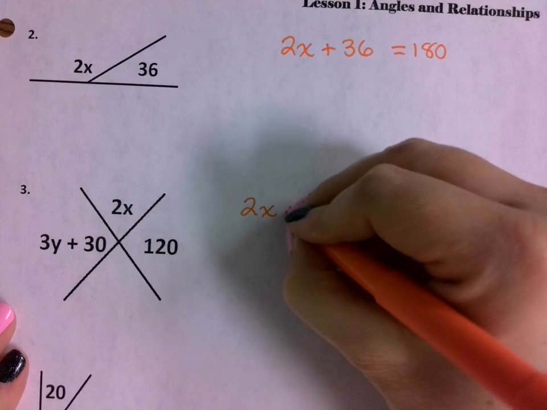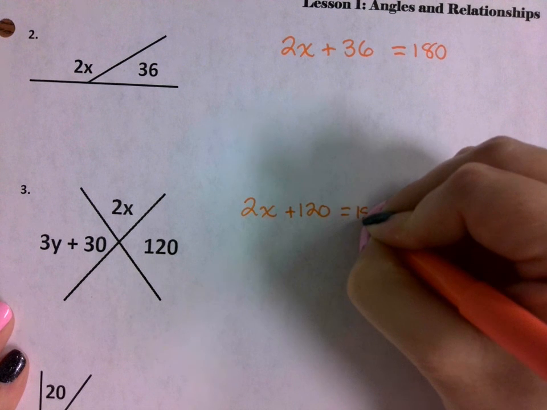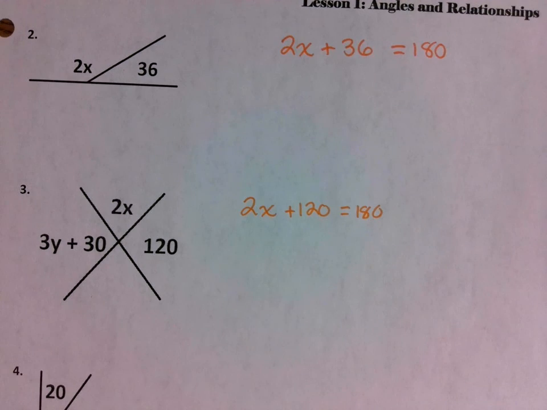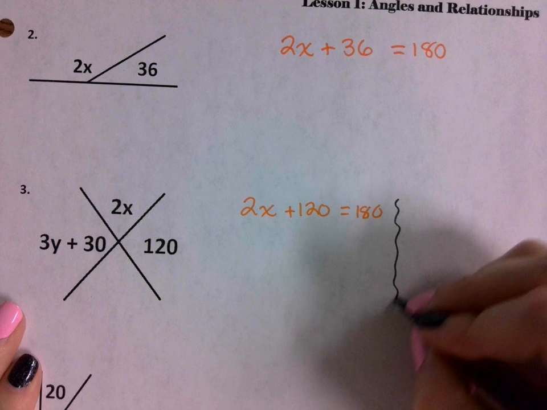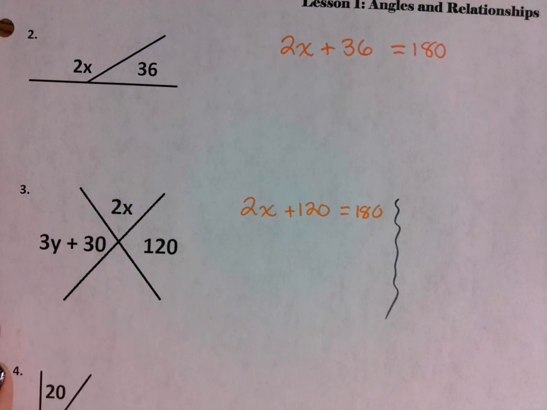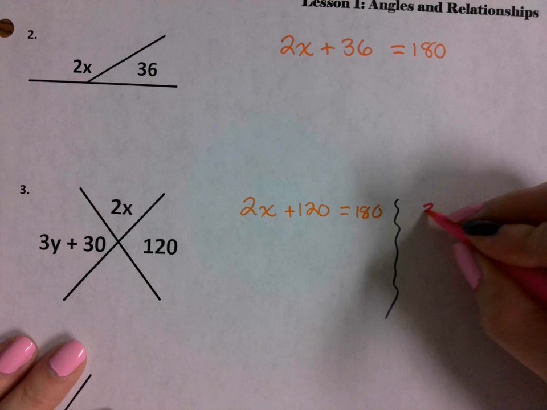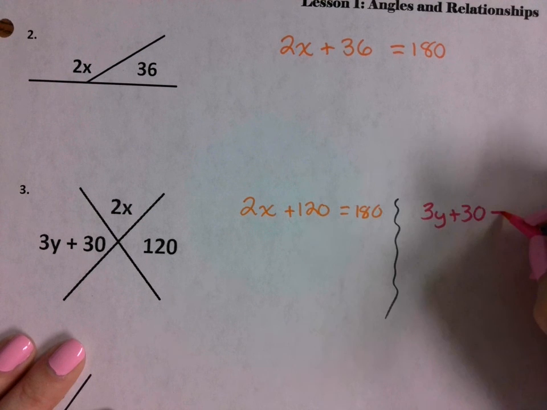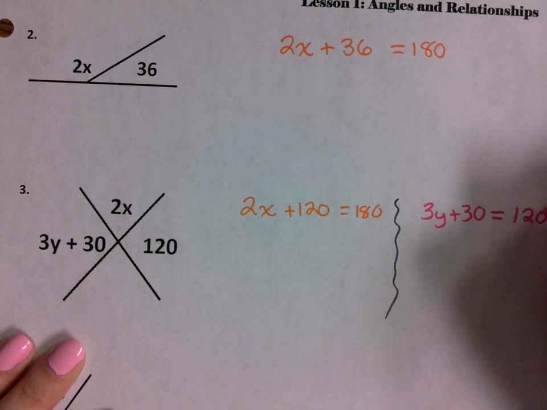And then when you're trying to solve for your y, that is a vertical angle relationship there. So for your vertical angle relationships, you're going to set this up as 3y plus 30 is equal to 120 because they are vertical angles.